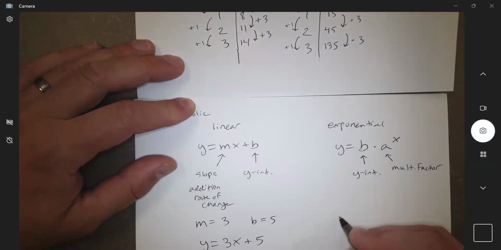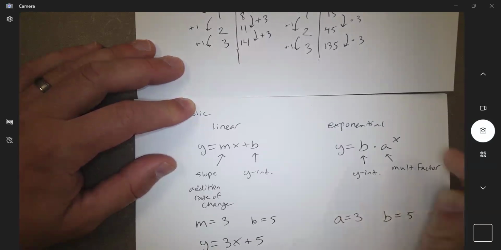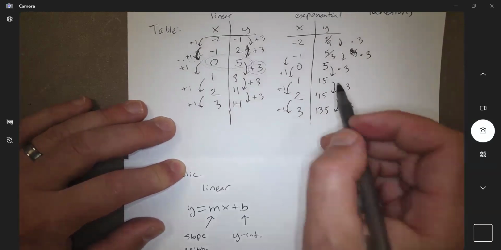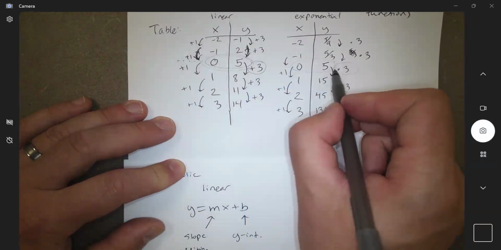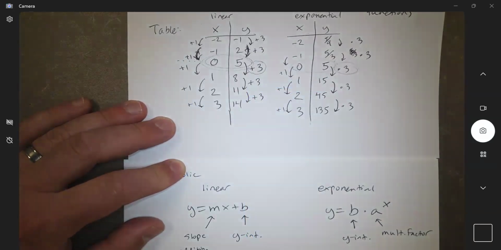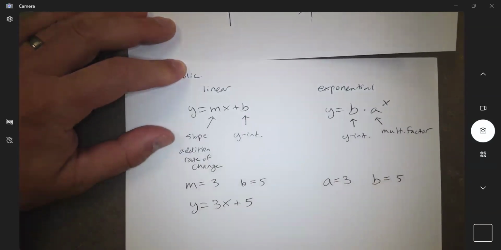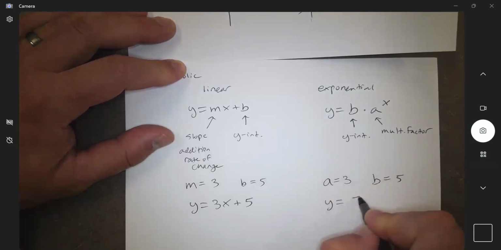And in the exponential world, a equals 3, b equals 5. And again, you can just read that off. There's the b equals 5, and there's the a equals 3. So y equals 5 times 3 to the x.